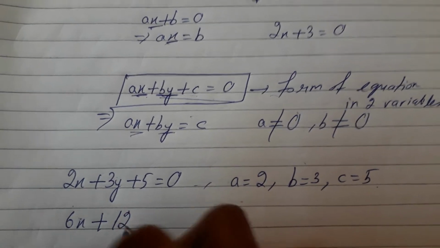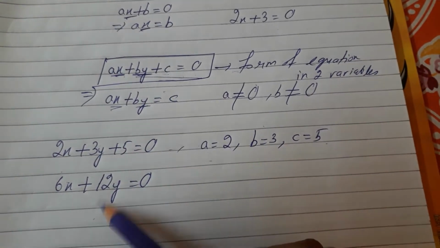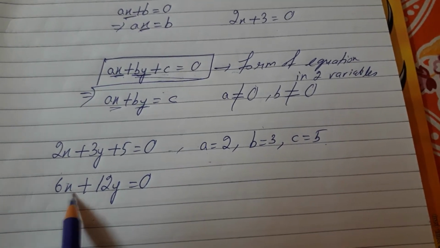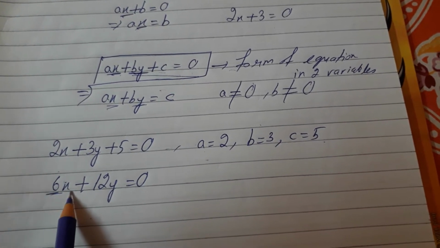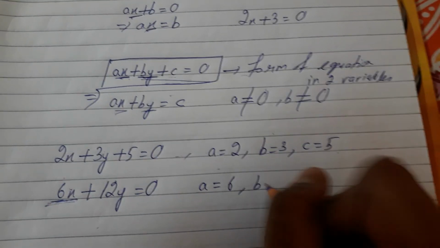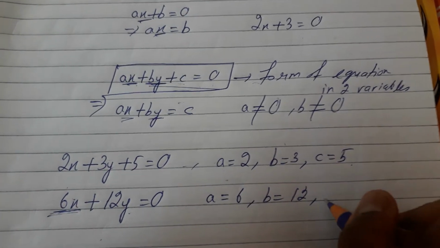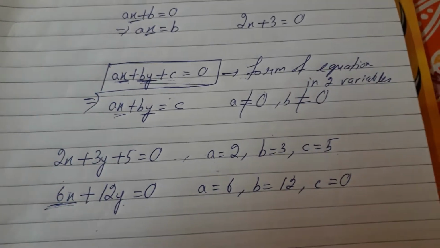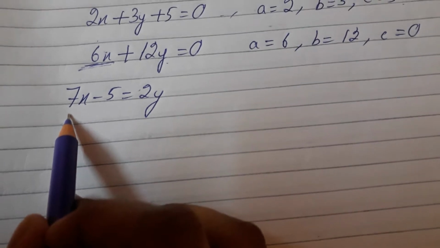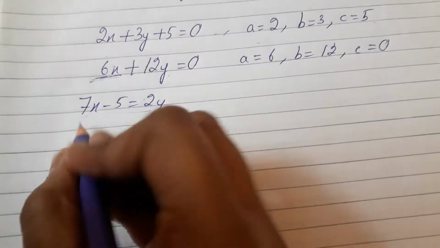Suppose an equation 6x plus 12y equals 0. On comparing, a equals 6, b equals 12 and no c is given, so c equals 0. See, another equation is given, 7x minus 5 equals 2y.